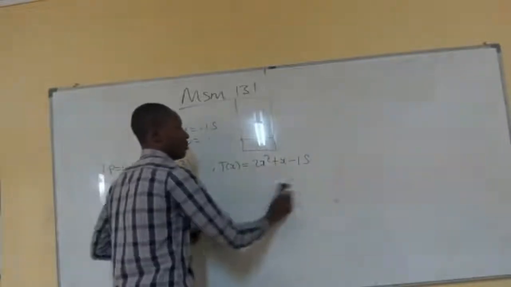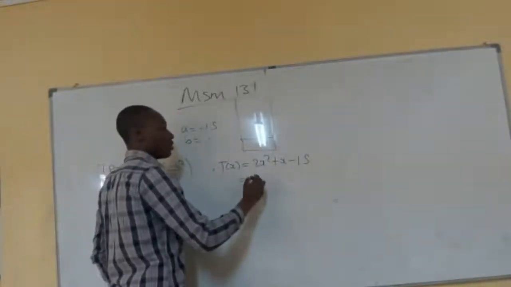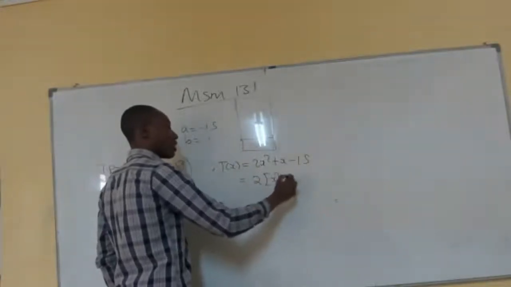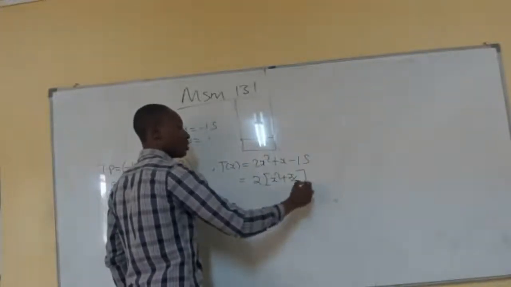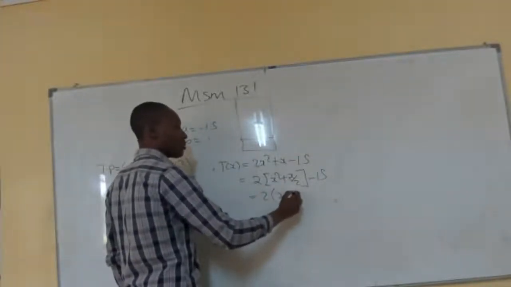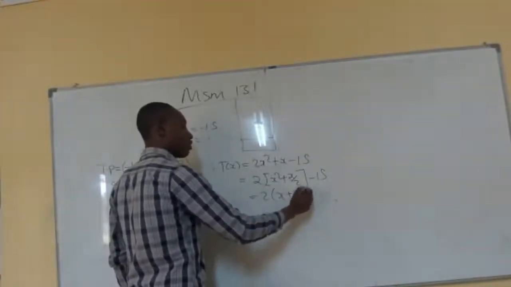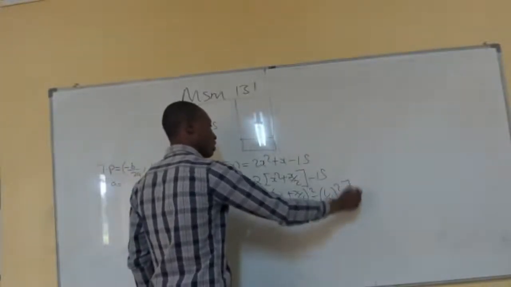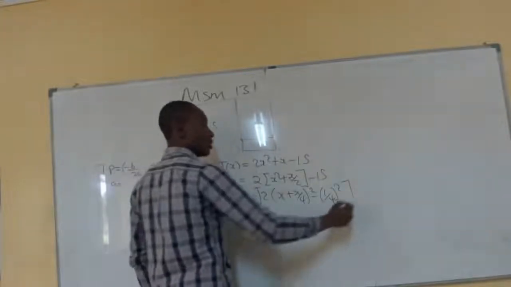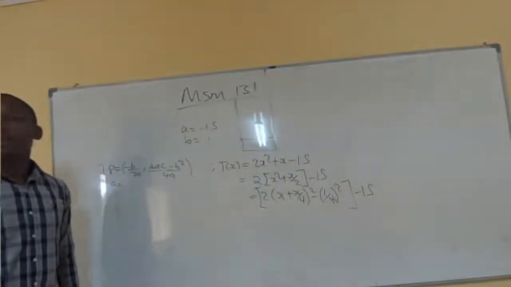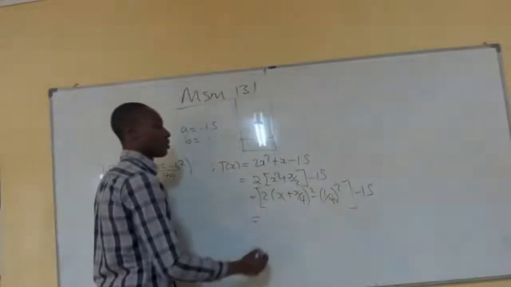By completing the square method, we have 2 times x squared plus x over 2, minus 15. This is 2 times (x plus 1 over 4) squared minus (1 over 4) squared, minus 15.